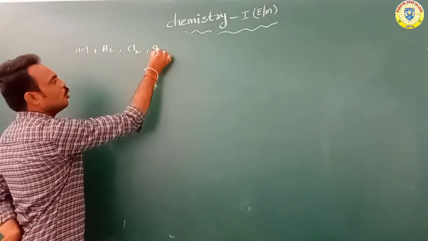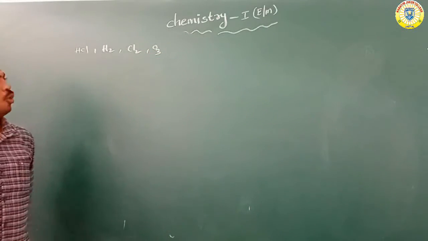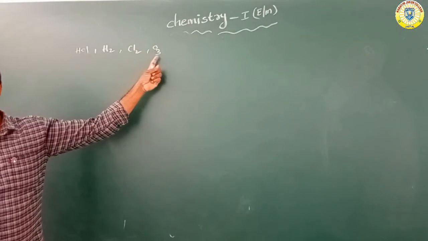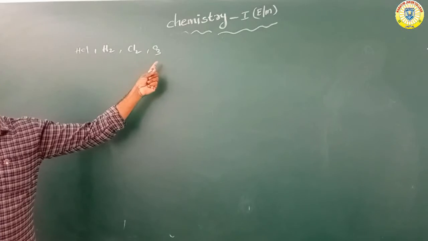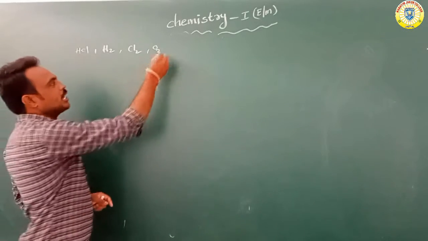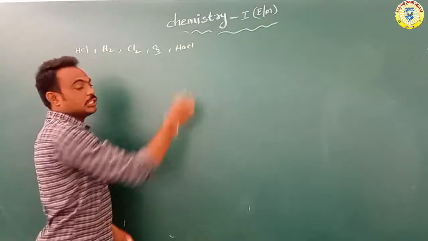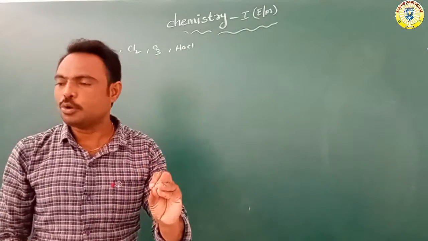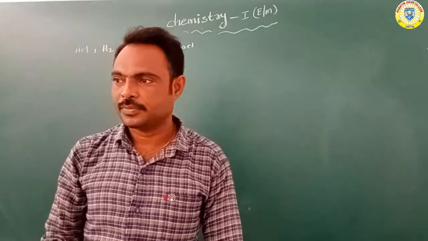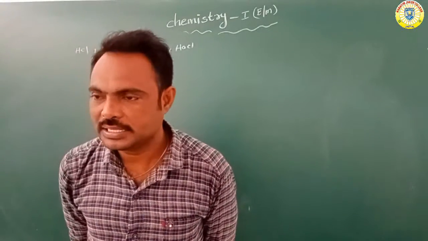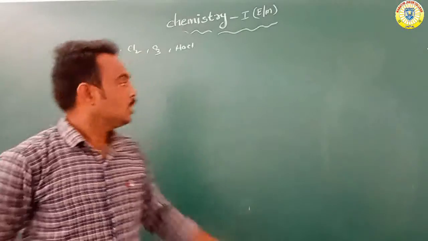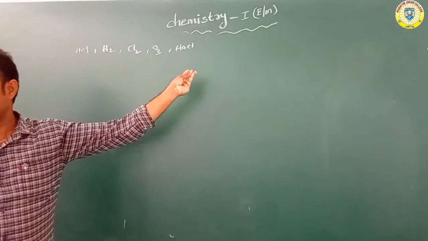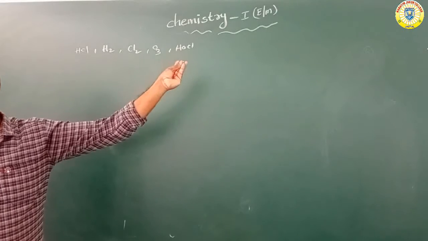Next, O3. O3 means ozone. Or suppose HOCl. HOCl means hypochlorous acid. So these are all compounds that react with ethylene. We already know that from the last class.